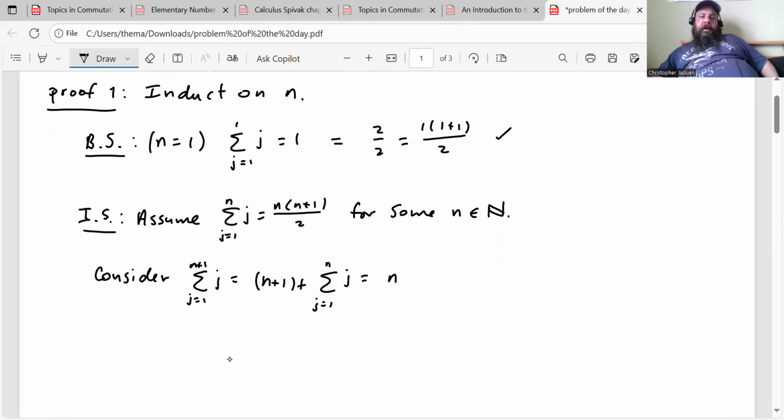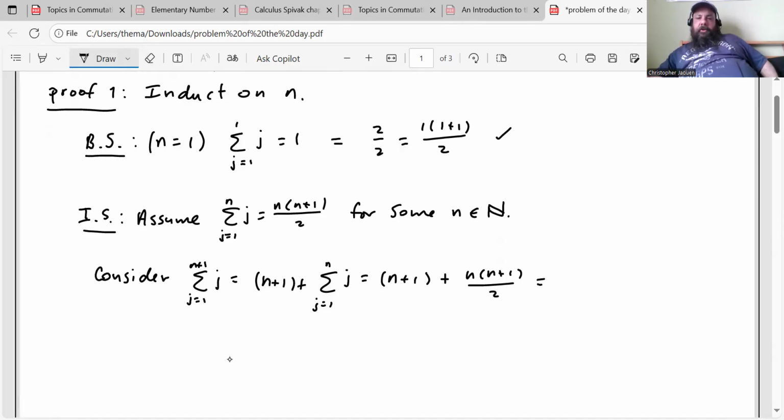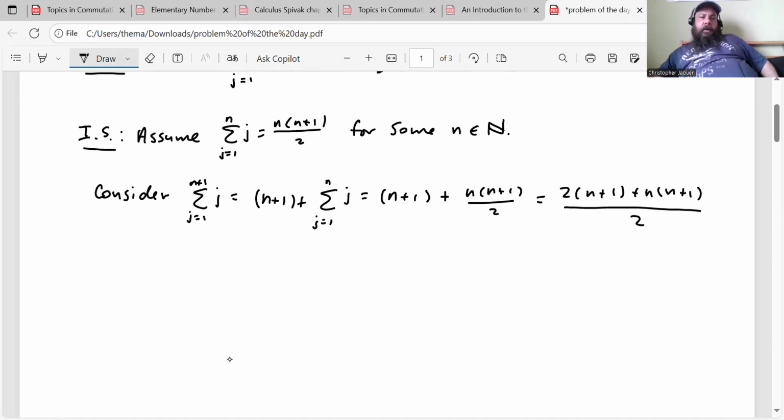And by the inductive hypothesis, the sum that we have here is equal to n times n plus 1 over 2. Right? And then just combining like terms by putting everything over the least common denominator and factoring out the common factor of n plus 1 on top.